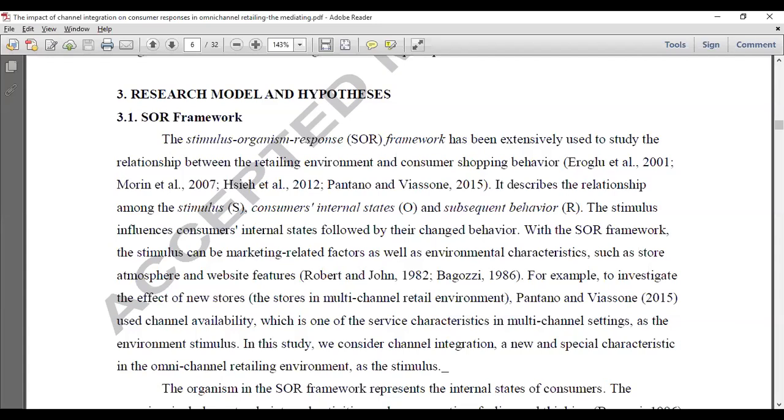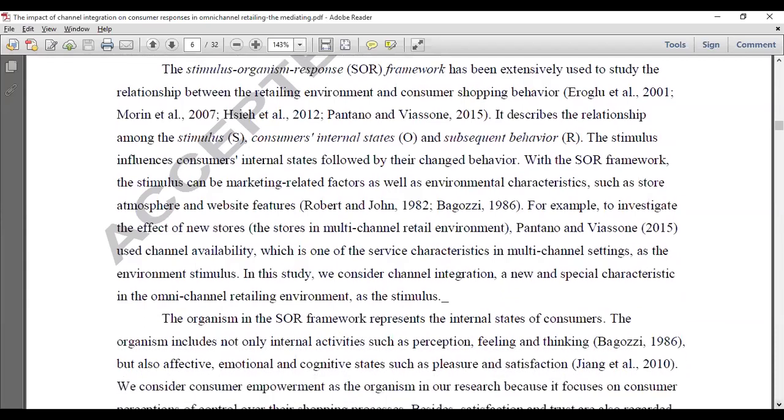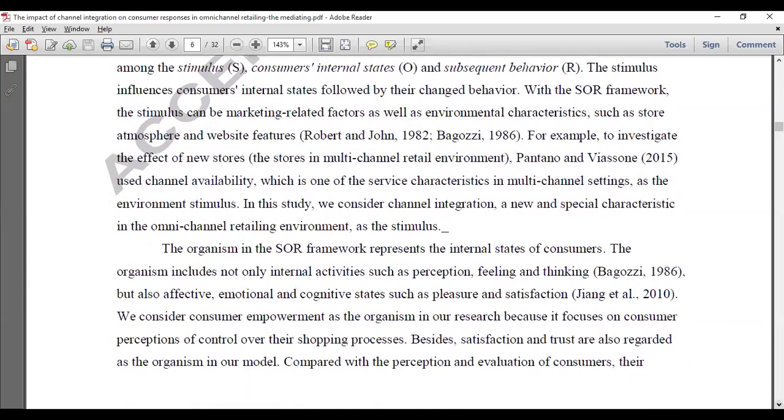The stimulus influences consumer internal states, followed by their changed behavior. Within the SOR framework, the stimulus can be marketing-related factors as well as environmental characteristics such as store atmosphere and websites. They have explained what these can be. The organism in the SOR model represents the internal states of the consumer. The organism includes not only internal activities such as perception, feeling, and thinking, but also affective and emotional states.